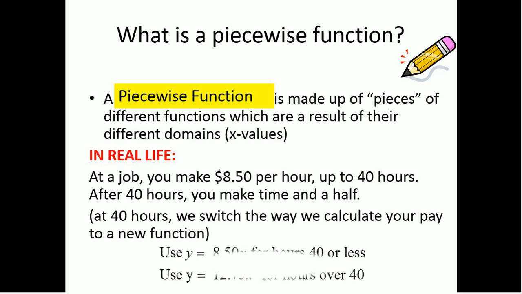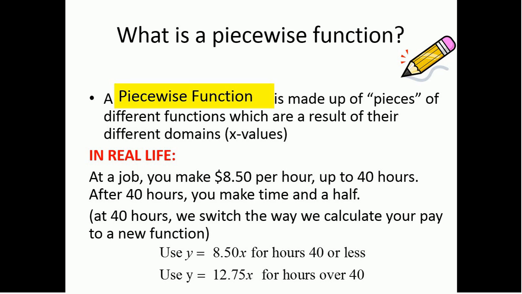So basically this would look like this. So y equals 8.50x for hours 40 or less, but when we go over 40 we would use 12.75 times x. So that's time and a half. So piecewise functions allows us to break a domain up into pieces into different functions.